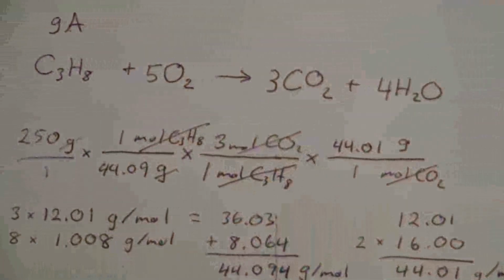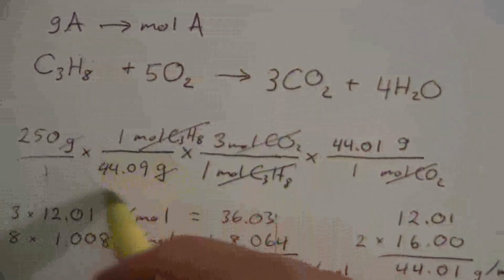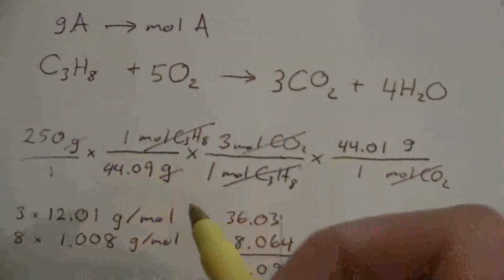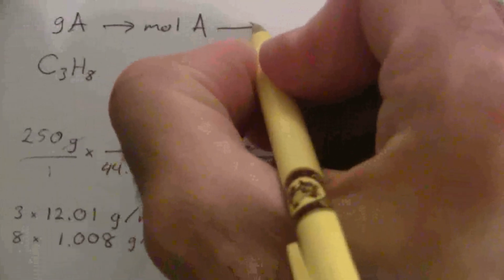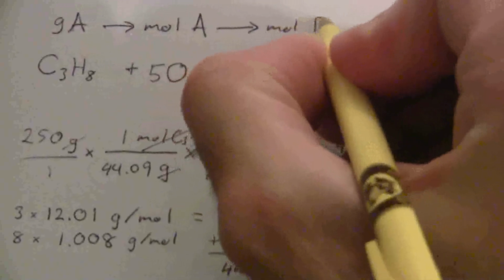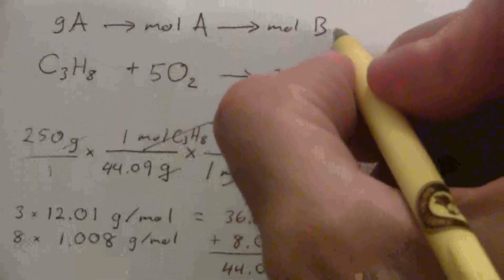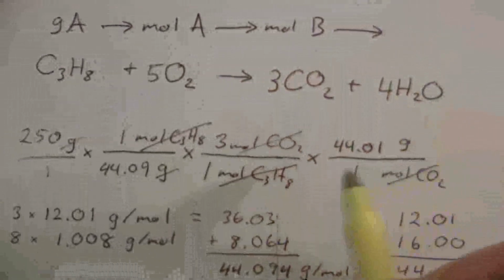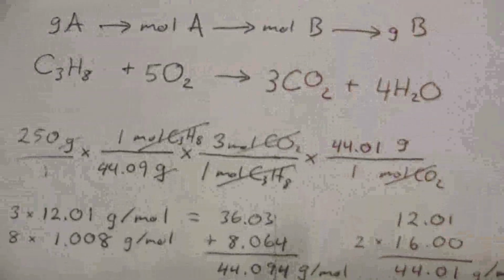To generalize, I'll say grams of A, and we convert that to moles of A. We use the molar mass of A to do that. Then we switch to a different substance, we go to moles of B. Just making it general. And then our third step is going to grams of B.